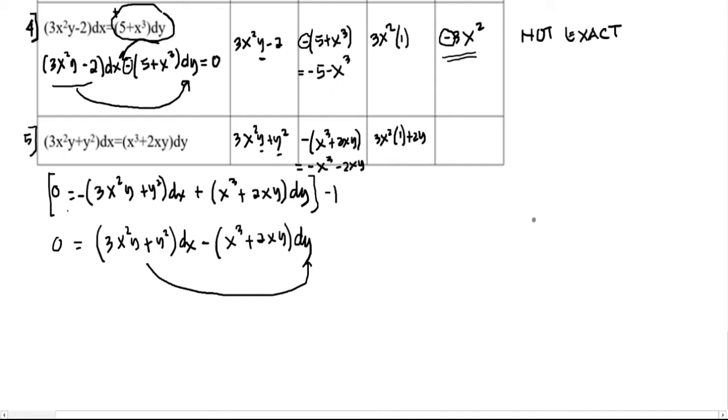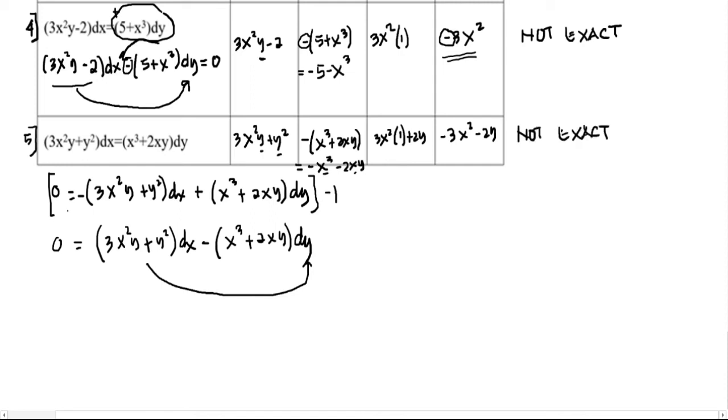For the derivative of n with respect to x that is negative, take note our x here is the variable. So we have negative 3x squared, and you have the literal or numerical coefficients of x that is negative 2y. As shown, our partial derivatives of m and n are not equal. So this is not exact.